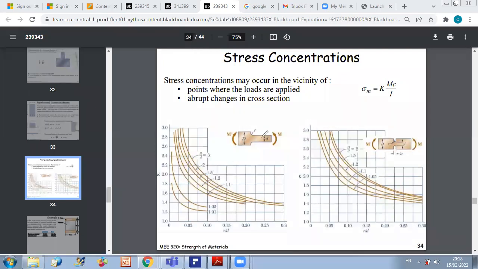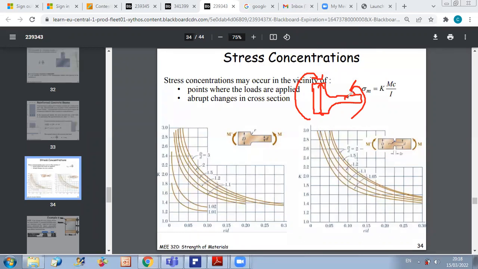So, for example, if you have a certain particular geometry, the following section subjected to bending, then you can say I have a critical zone. The critical zone is the one where I change from a large thickness to a relatively low one.